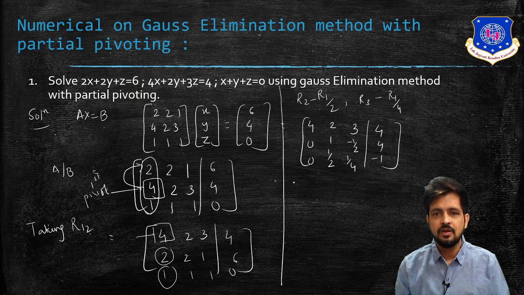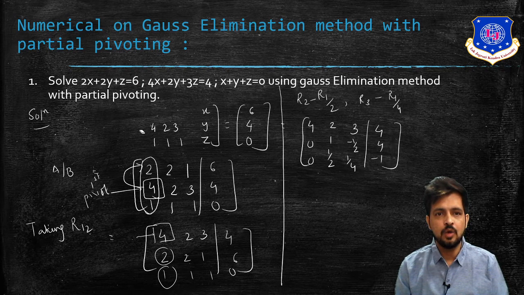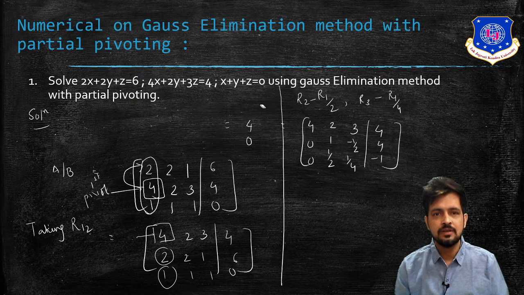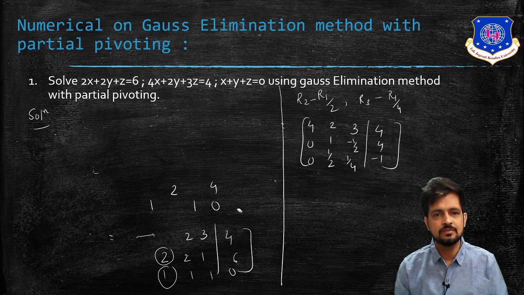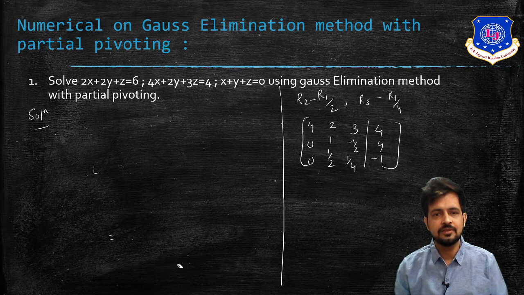Fine. Now what do we have to do? We have to select the second pivot. How can we select the second pivot? By neglecting the first row and first column. Out of these two, we have to select a pivot.